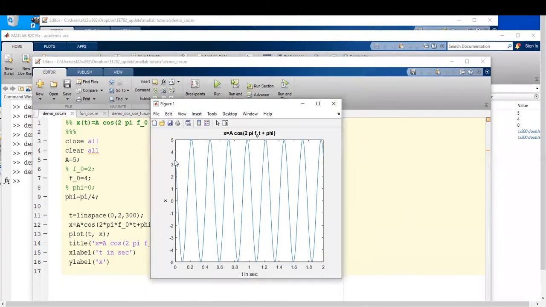You can see here at t equals 0, cosine 45 is 1 over square root 2, but multiplied by 5, that's about 3.5. You can see it starts here and finishes here, 8 cycles, and the frequency is 4.